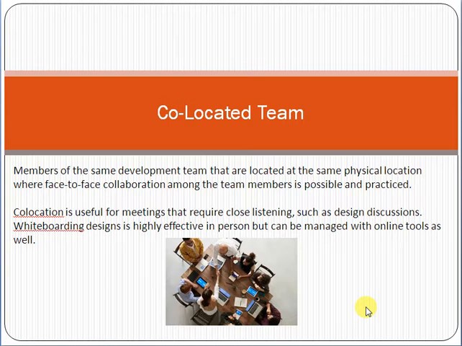So friend, co-location means all the required resources are sitting together at a single location. They can easily talk to each other, and the major advantage of co-location is that communication becomes much easier.